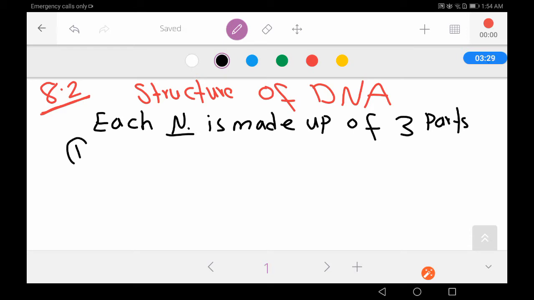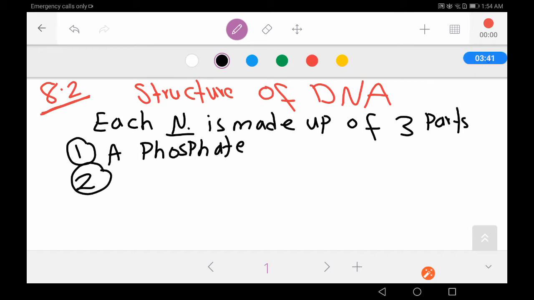The first part is a phosphate group, and the second part, as we understand from its name, deoxyribose, it's a type of sugar. Okay, so the second part is a ring-shaped sugar, which we call deoxyribose. Okay, this is the sugar that's found in each of the nucleotides.